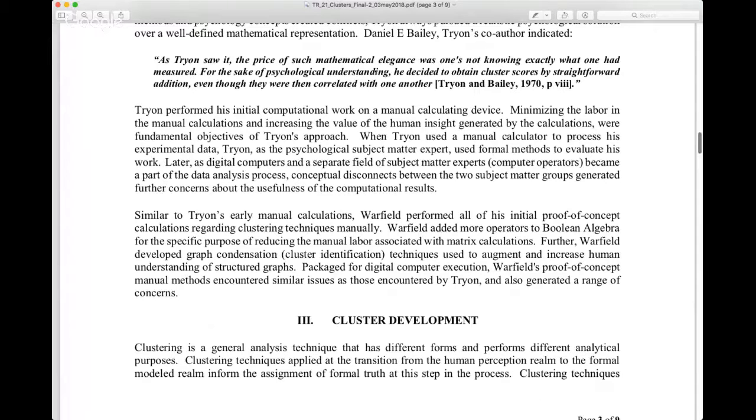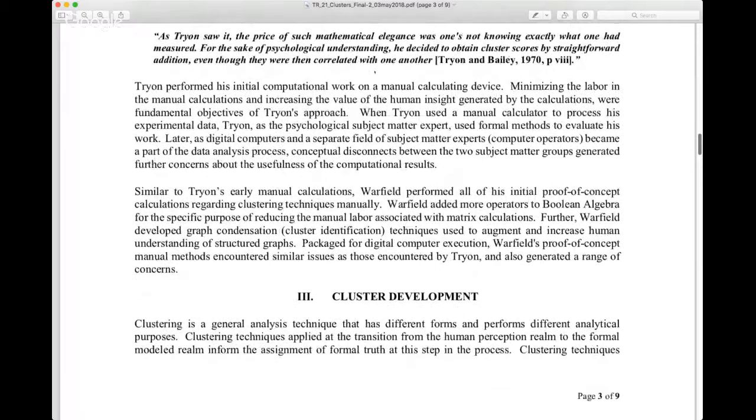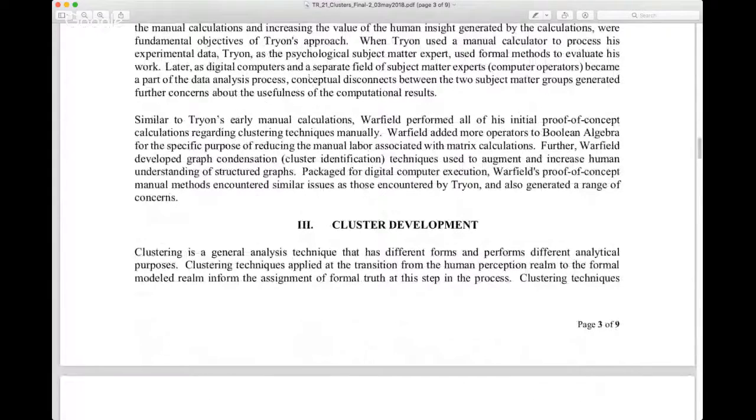Okay. Of course, they point out Warfield performed all of his initial proof of concept calculations regarding clustering techniques manually, and then he even added Boolean operators to reduce the manual labor. And so the idea here is that people who are experts in the area are developing their own formal techniques to achieve their own value goals, reduce calculation, labor, reduce complexity, and so forth.